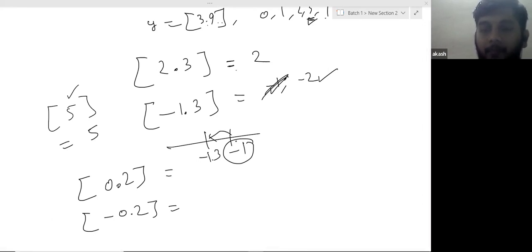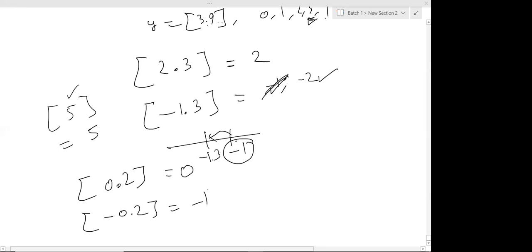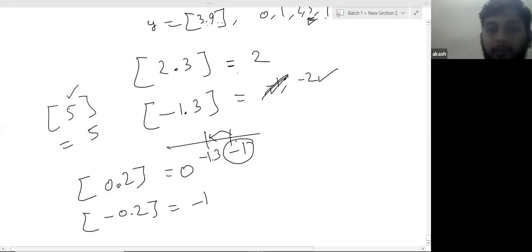Asma, Shravya, what is the answer here? First is 0. Right, this is minus 1. Everybody clear? Gautam, Abdul, Asma. Yes, sir.